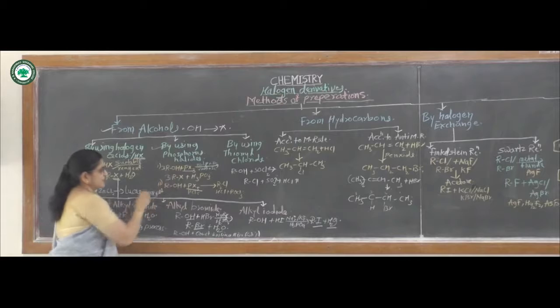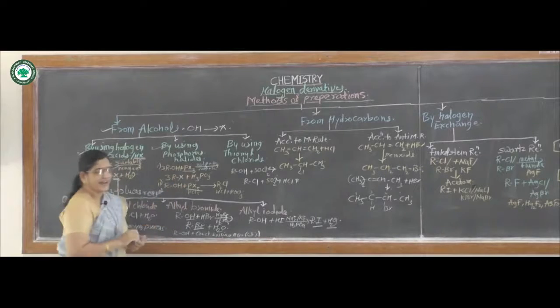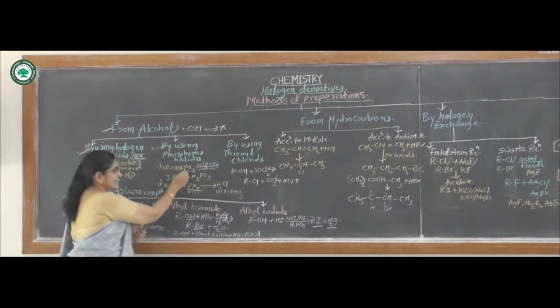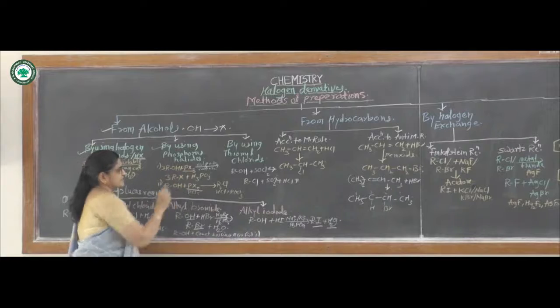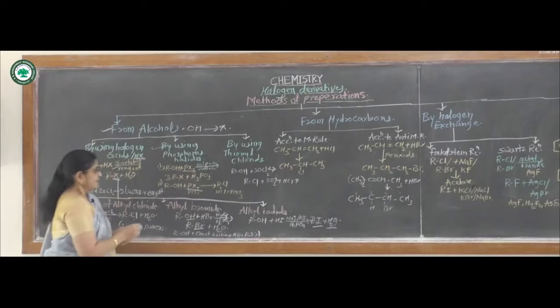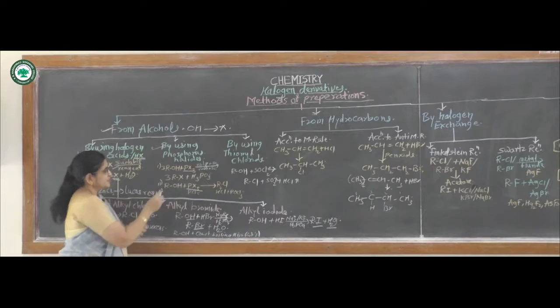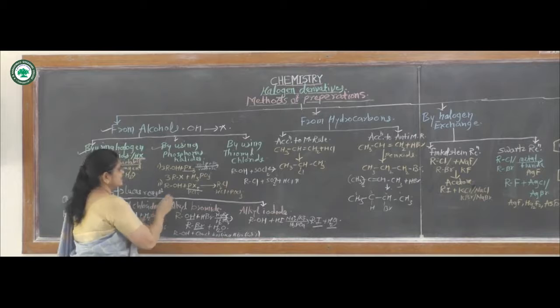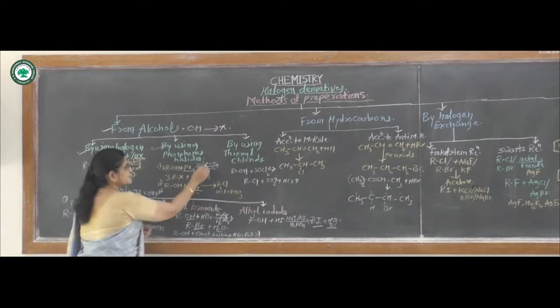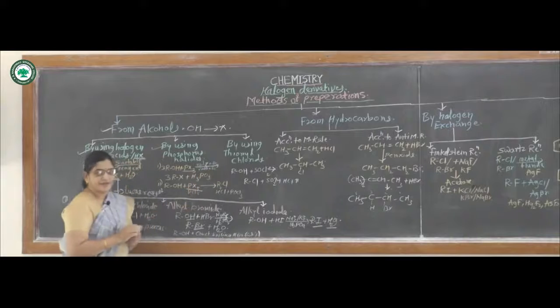The alcohol ROH reacts with phosphorus trihalides, which are phosphorus tribromide and phosphorus triiodide. These are generated from red phosphorus and bromine, and red phosphorus and iodine.